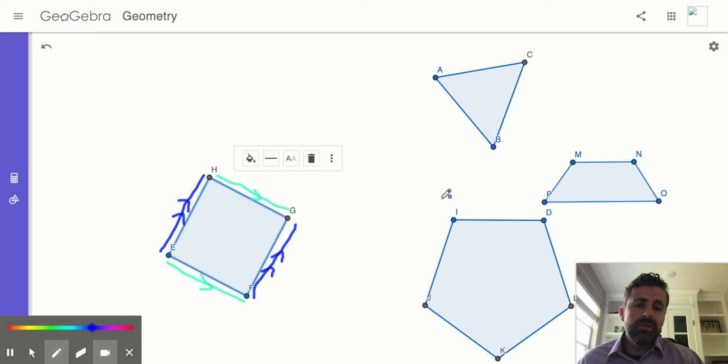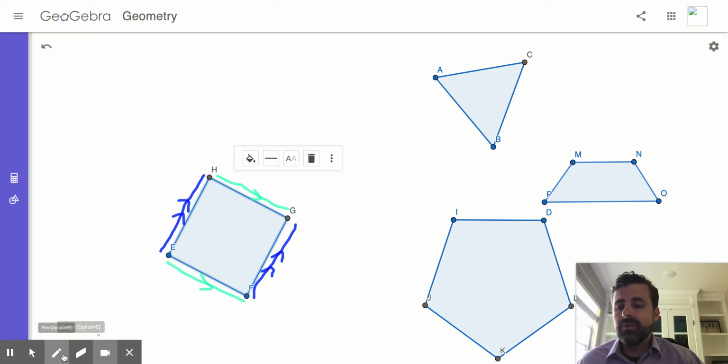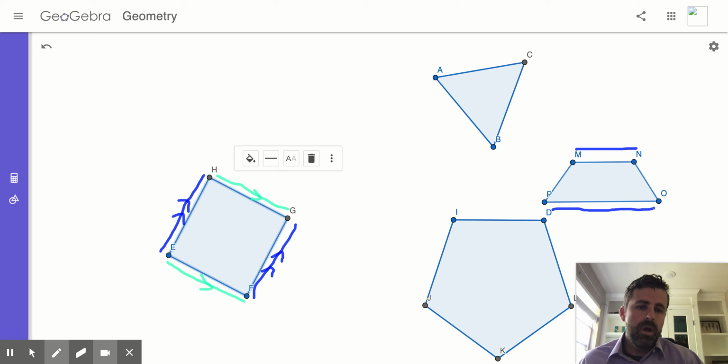Now, let's look at some of our other shapes. Do we see any other parallel lines? Yes. Okay, hopefully you guys can see the parallel lines here on the trapezoid. So line segment MN and line segment PO are both parallel to each other. But it only has one set of parallel sides.